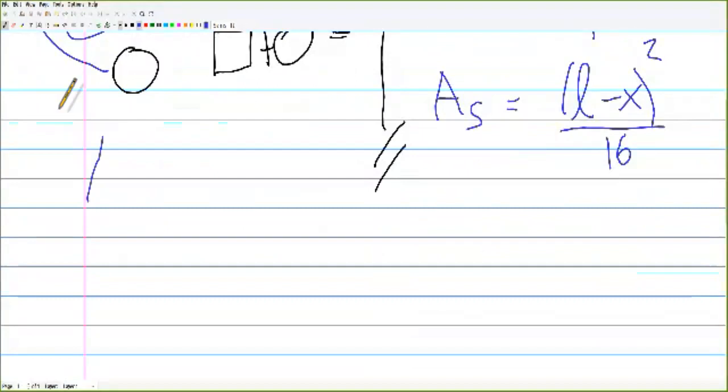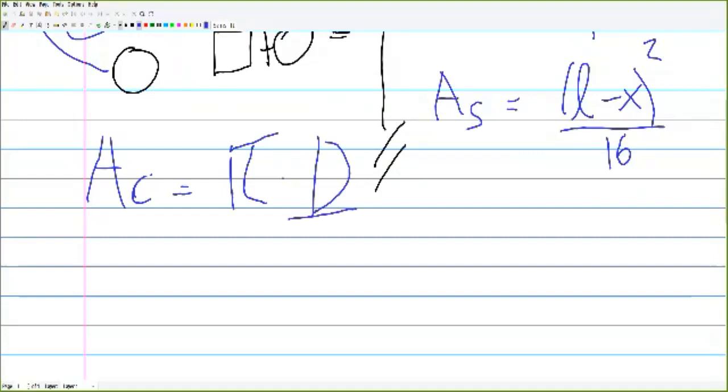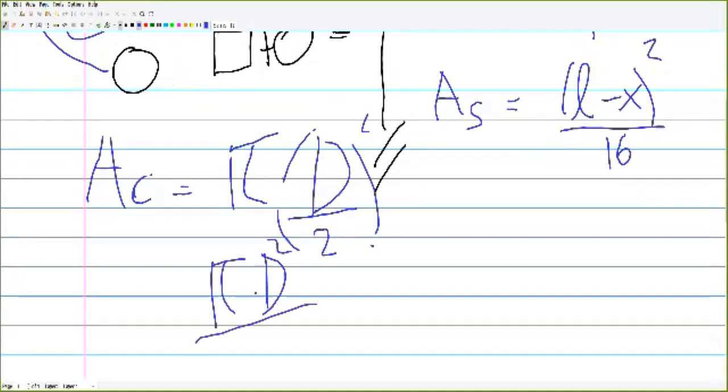And we know that the area of the circle is equal to pi r squared. Okay, pi times r squared, or pi times d over 2, this is the radius, all of this squared, or pi times d squared divided by 4.